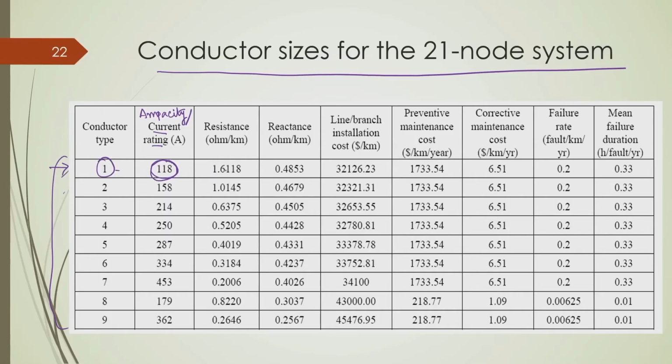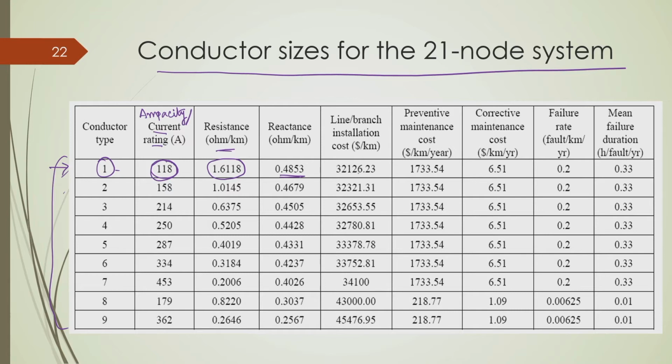Okay. Similarly, corresponding to conductor type 1, the resistance of the conductor is given as 1.6118 ohm per kilometer, and the reactance is given as 0.4853 ohm per kilometer.